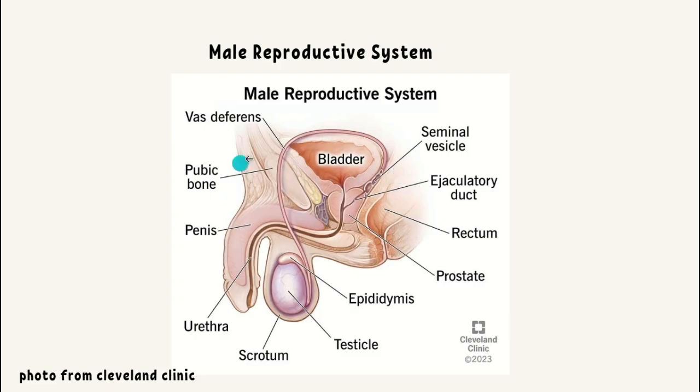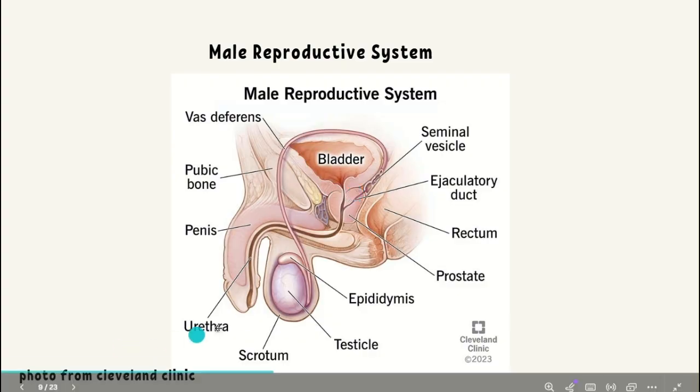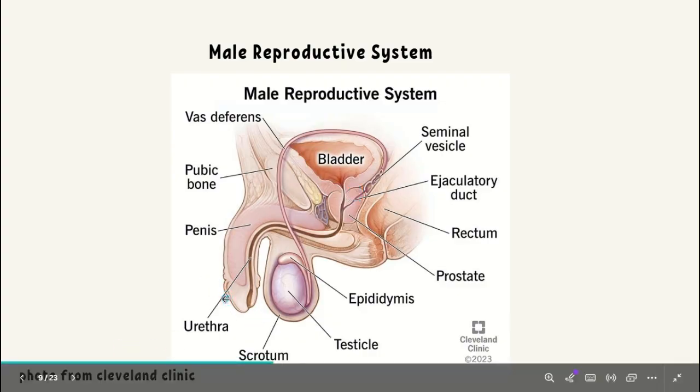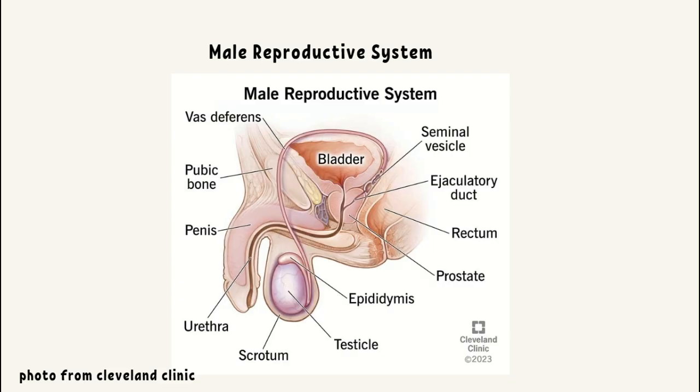So that's really what it does. So we know that the seminal vesicle is what's going to make up the semen. We're saying that the prostate adds fluid to the semen right here, and the scrotum is just a sack of skin that holds the testes and helps to regulate its temperature, right?